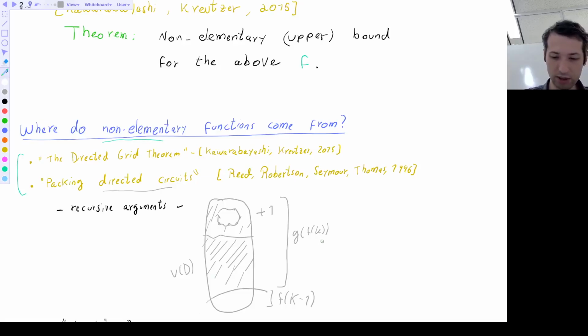And because you have the whole set, this has to be the size of the whole set. And so if you have something like this, our f of k would be, so the digraph has to be large enough so that we can apply f of k-1. However, we have to be able to afford to lose a certain number of vertices. And so we can end up having something like this, f of k is g of f of k-1.